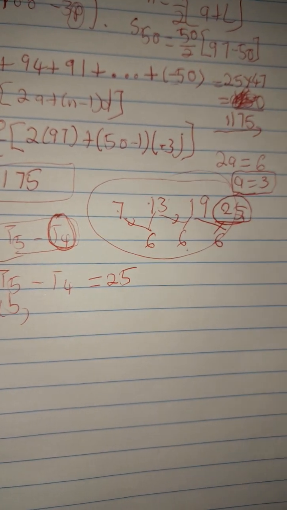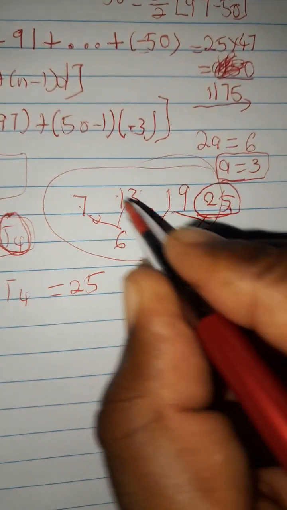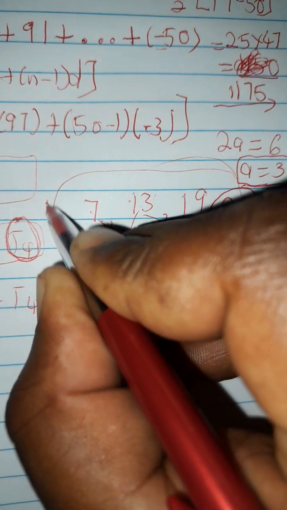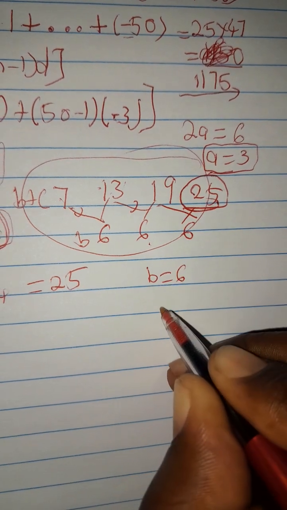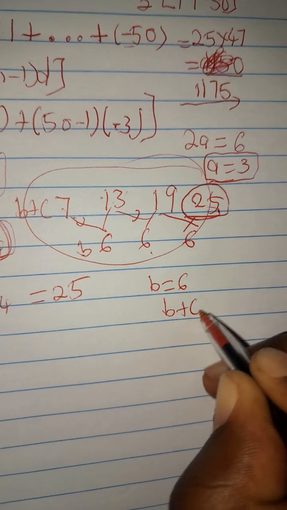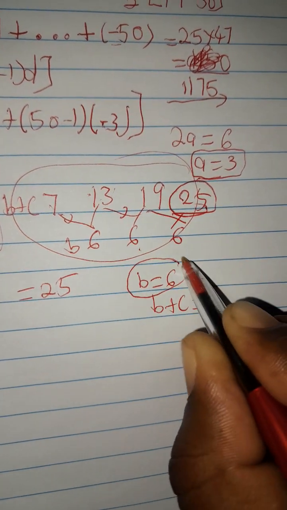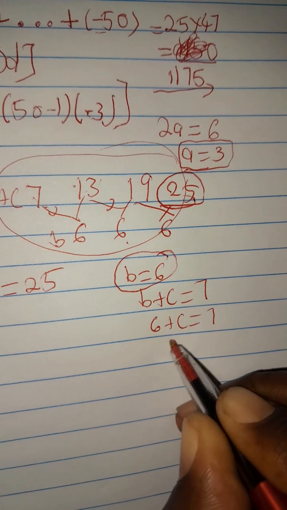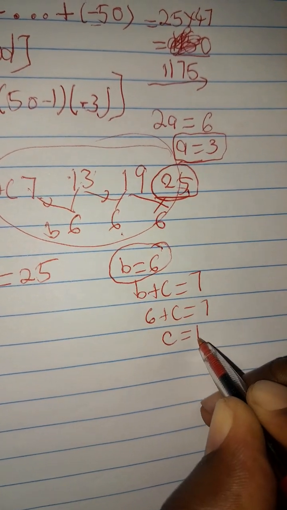So to make life easier, guys, since this is linear, let us find the general term of this. So we know this will be B and this will be B plus C. So we are going to say B is equal to 6. B plus C is our first term, which is 7. So we have B is 6, so it's going to be 6 plus C. Then to make C the subject, take 6 to the other side. 7 minus 6, that's 1.